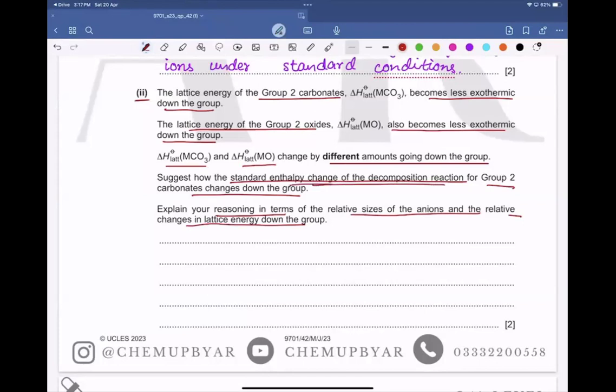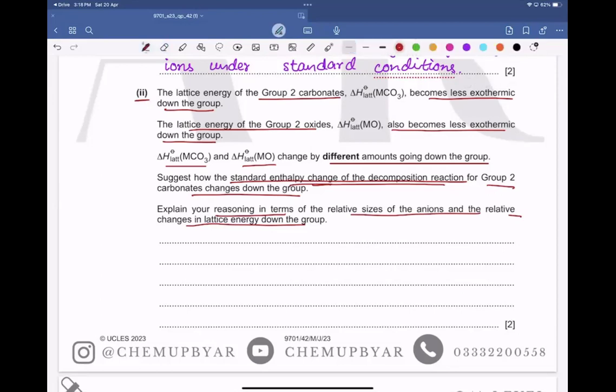See what they are saying: the lattice energy for metal carbonate becomes less exothermic.